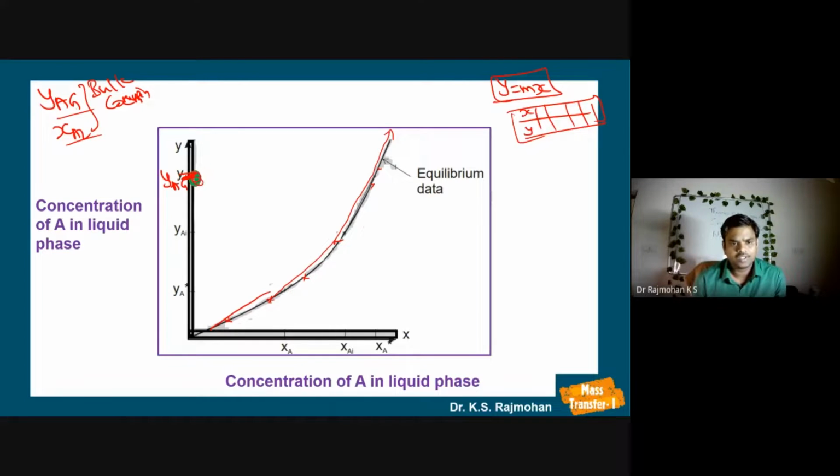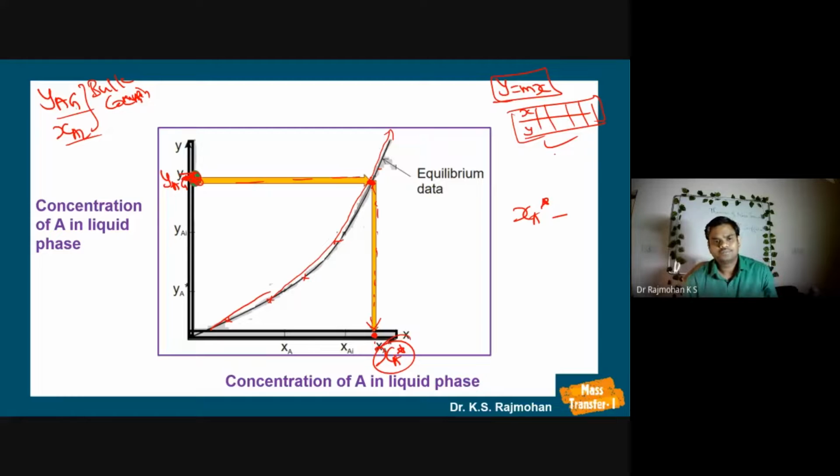Once you have marked the YAG value, you draw a horizontal line up to the equilibrium curve. The corresponding value on the x-axis is the XA star value. So we get the XA star value from the equilibrium curve.